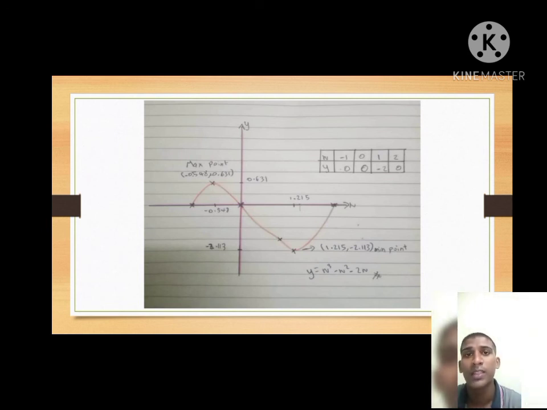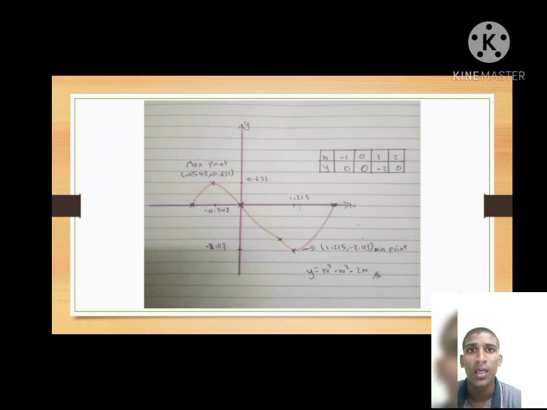I take x as negative 1, 0, 1 and 2, and substitute them into the formula to get the y values. The y values are 0, 0, negative 2 and 0. So finally we have the axes values, and also the minimum point and maximum point.